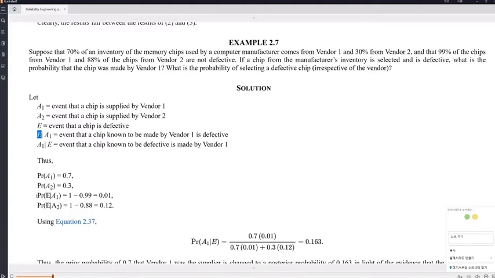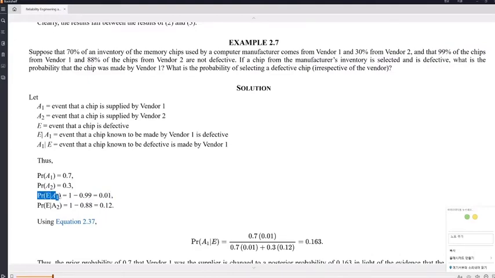And you may see this probability, the probability that a chip is defective given the chip was provided by vendor 1. Previously it was mentioned that 99% of the chips provided by vendor 1 are okay. That means 1%, 0.01, have some defects.